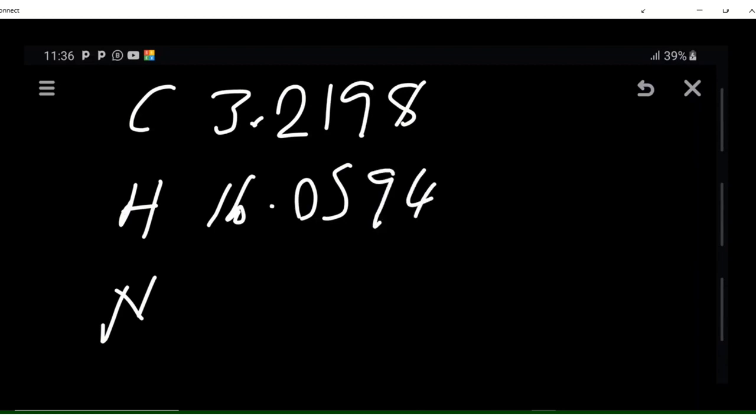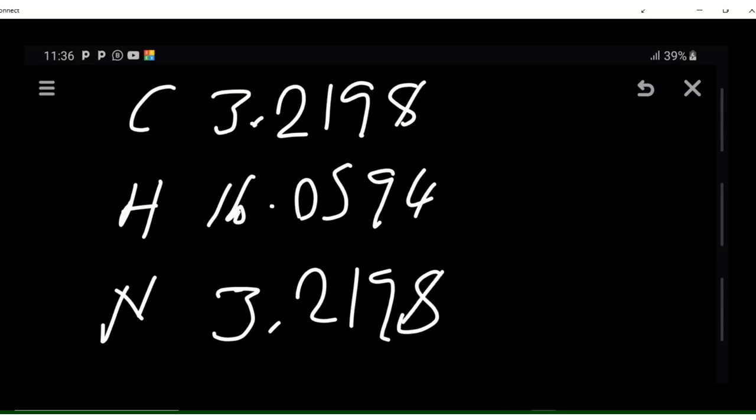And nitrogen we have 3.2198. So now from here you divide your moles by the lowest number of moles. You divide everybody by the lowest number of moles.